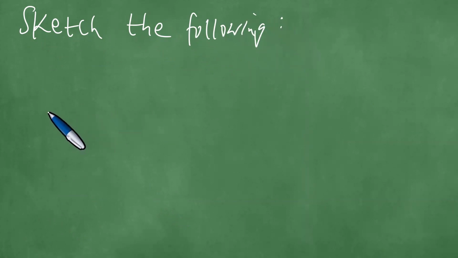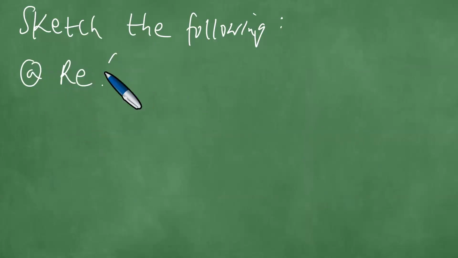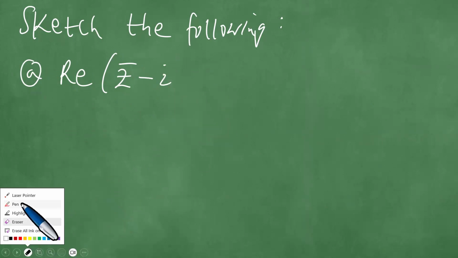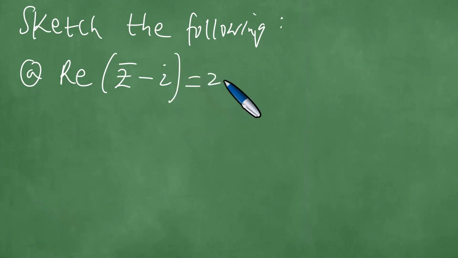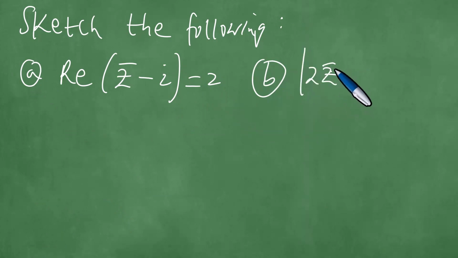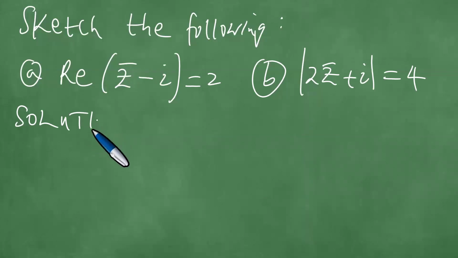So in A, we need to sketch the real part of z bar minus i equals 2. And in part B, sketch the modulus of 2 z bar plus i, which is 4. And then now we have this solution here.